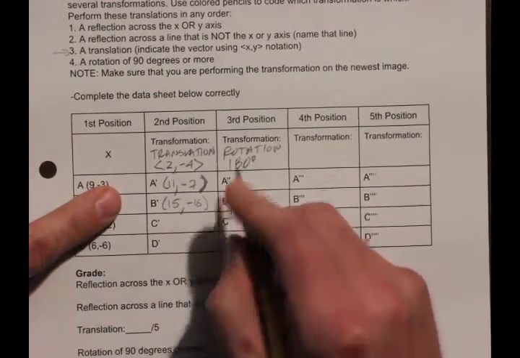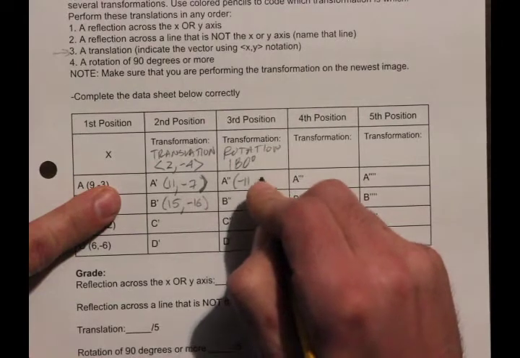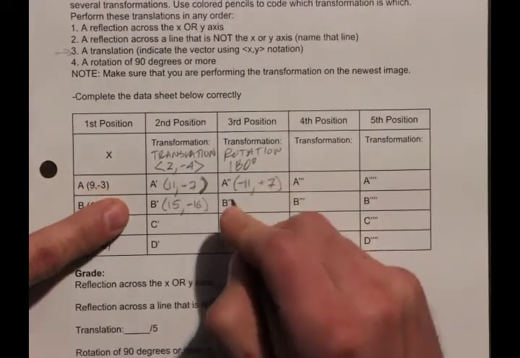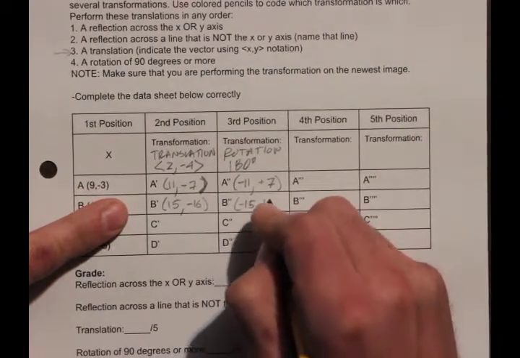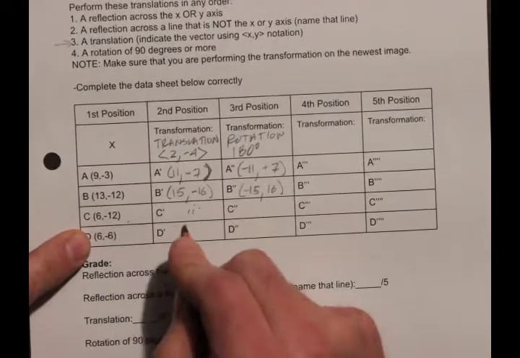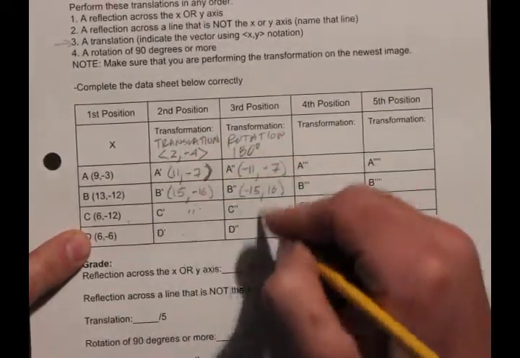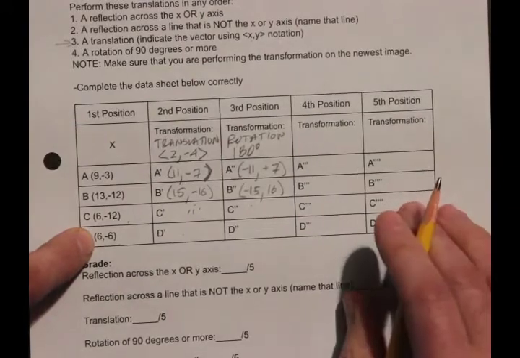So 180 degrees, that means I just change my point from negative to positive or positive to negative. And then my point here, negative 15, positive 16. So I'm going to do the same work for all of these points, all 4 points, right? I'm just doing 2 points as an example.